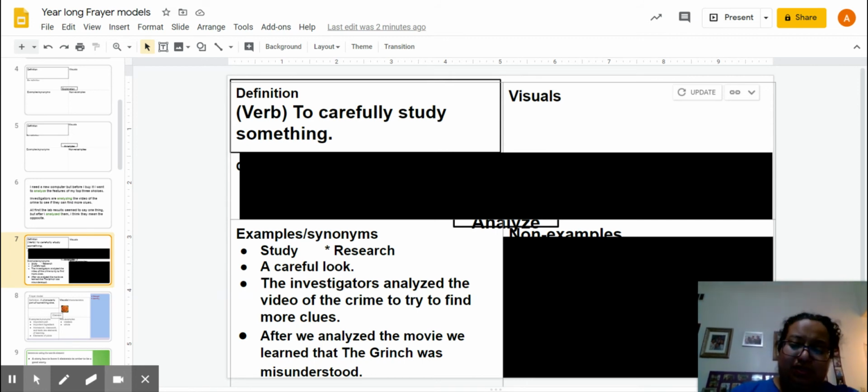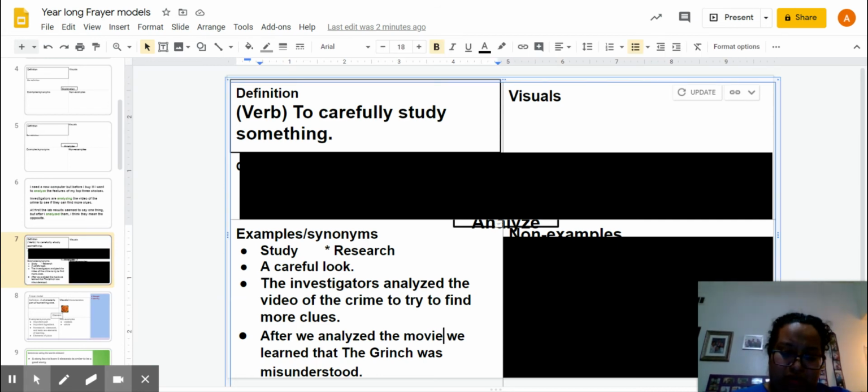And then for the last sentence, this was a sentence my students came up with last year. So they said, after we analyzed the movie, it should have a comma in there. Okay. And I can't type it, but there should be a comma there. After we analyzed the movie, we learned or realized that the Grinch was misunderstood. And it doesn't need a capital there. Okay. So they're like, okay, if you just watch the movie without thinking about it, without studying it carefully, you think that the Grinch is the bad guy.